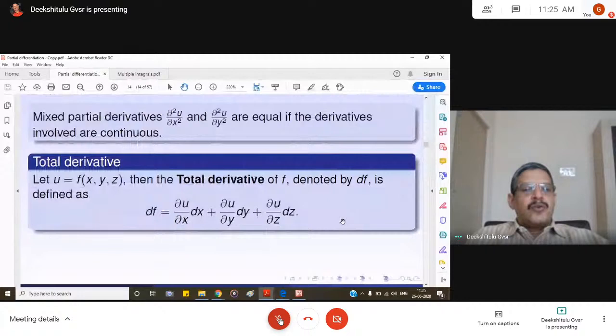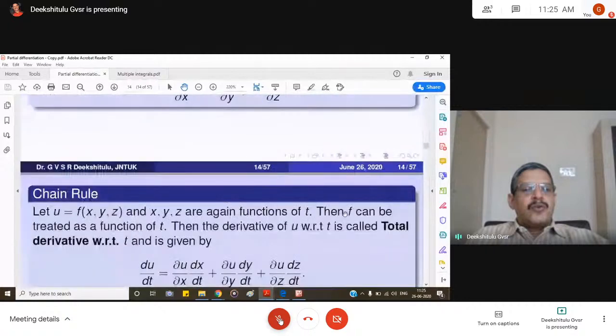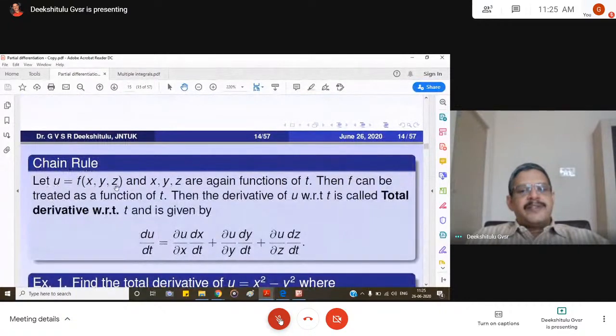Then the chain rule. If u = f(x, y, z), and x, y, z are again functions of t, mind you, this concept generally comes mostly in the parametric form of curves. We have seen x = x(t) and y = y(t), parametric form of curves, and we have studied them in arc lengths.